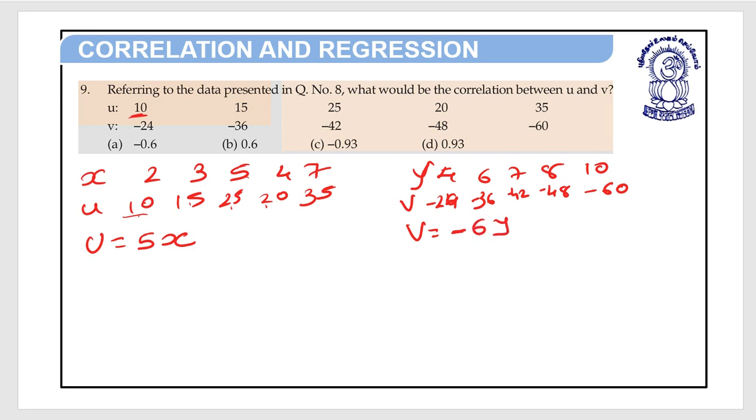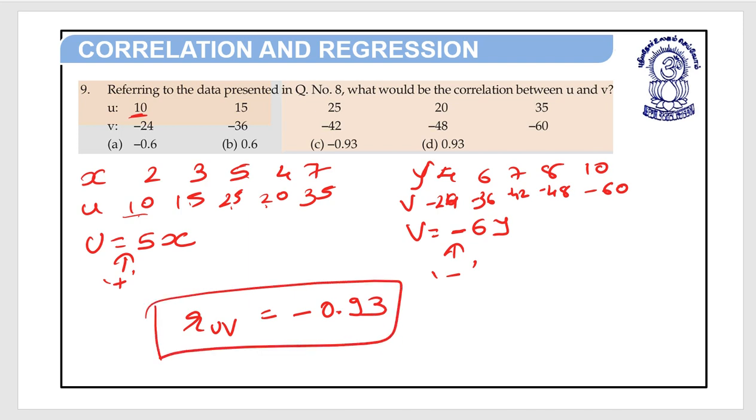Here the sign is positive and here the sign is negative, so positive, negative, negative. So the correlation between u and v, RUV, is equal to minus 0.93. So option C, minus 0.93.